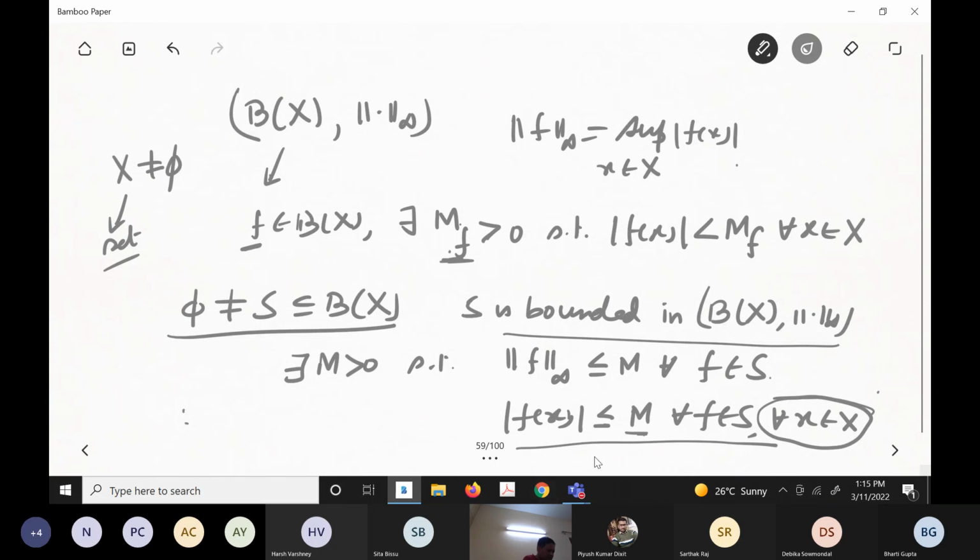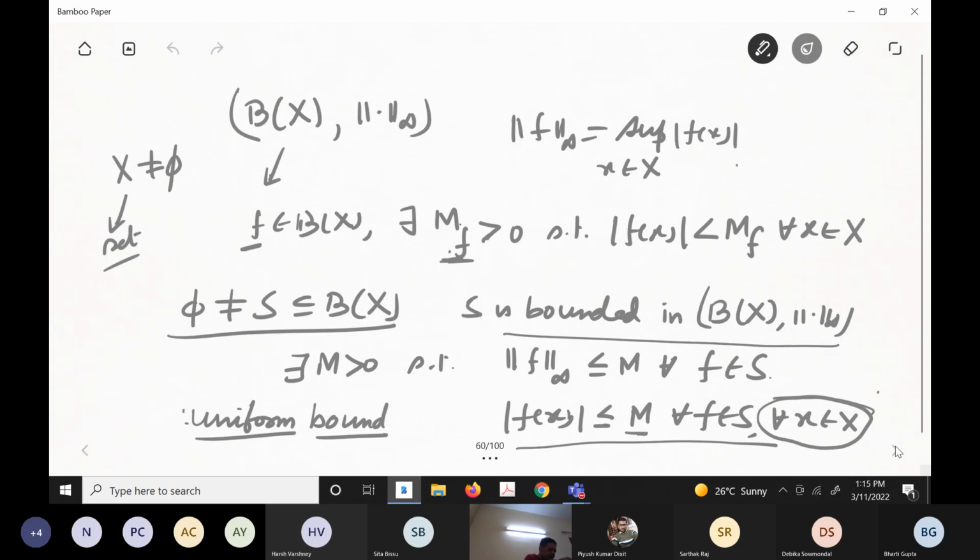But here we are having the so-called uniform bound. That means in the special case of functions, we can say that this collection F is uniformly bounded.